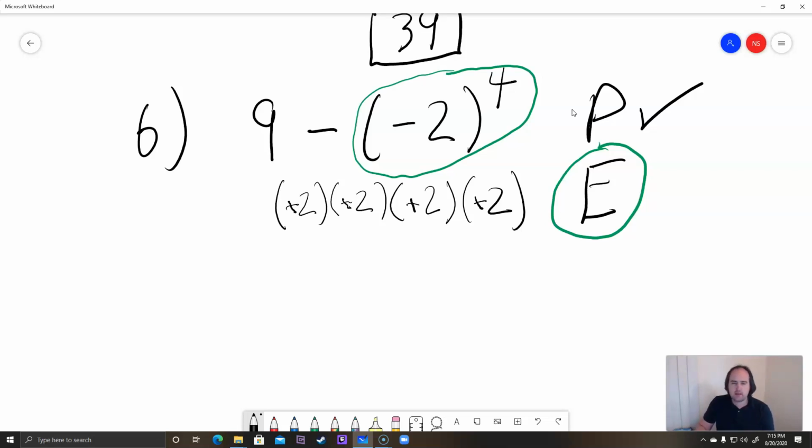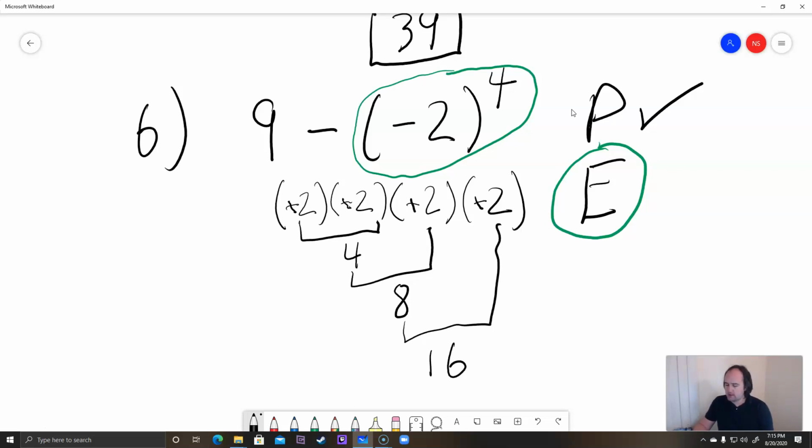So we're actually going to get 2 times 2 is positive 4, and positive 4 times 2 is 8, and then 8 times 2 is 16. So we get positive 16 for the negative 2 to the 4th power.